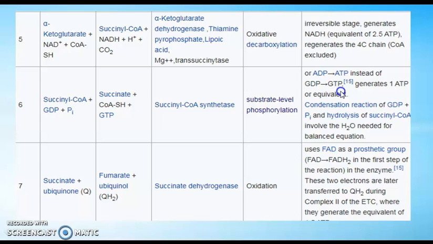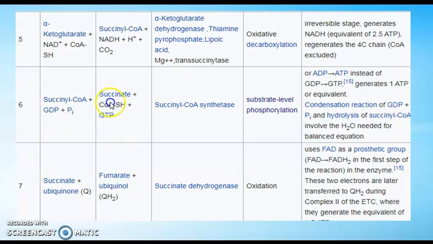Instead of GDP to GTP, it generates one ATP or equivalent, a condensation reaction of GDP plus Pi. And the hydrolysis of succinyl-CoA involves the water needed for the balanced equation.